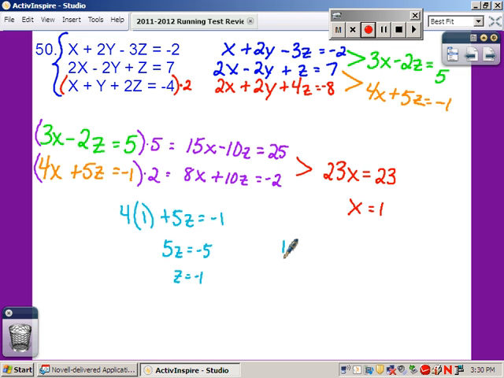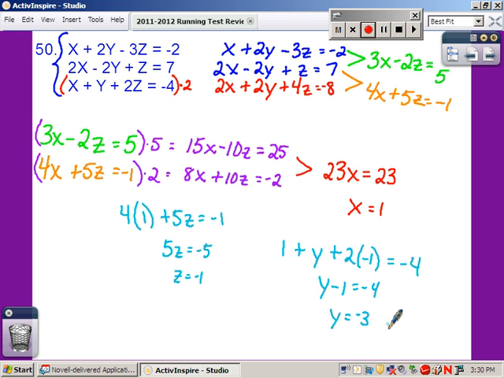So I got 1 plus y plus 2 times, well, z is negative 1, all equals negative 4. So I got 1, and I got negative 2, that's negative 1. Y minus 1 equals negative 4. I'm going to add that and I finish with y equals negative 3.